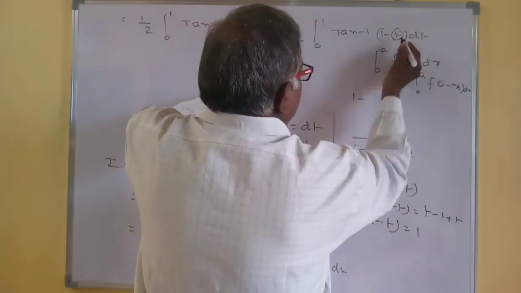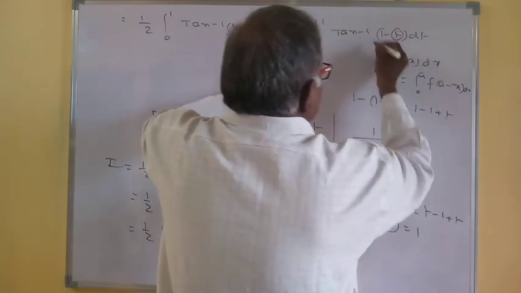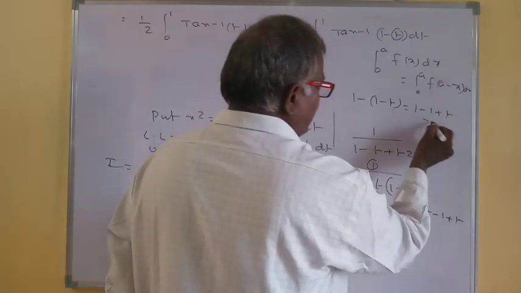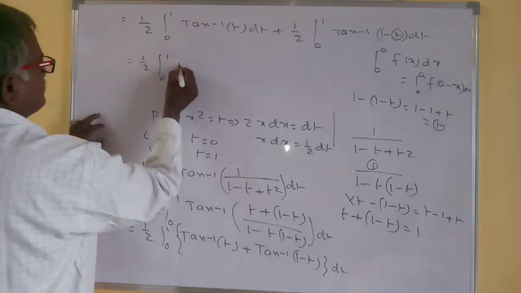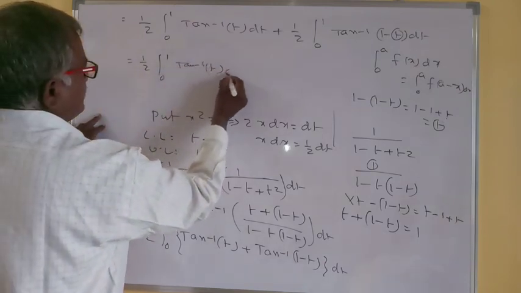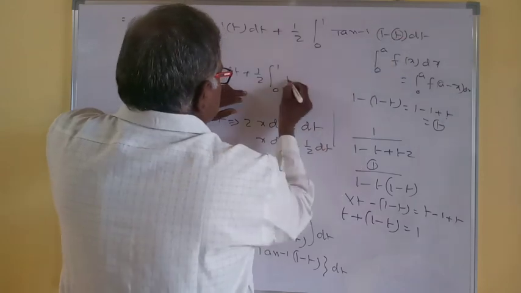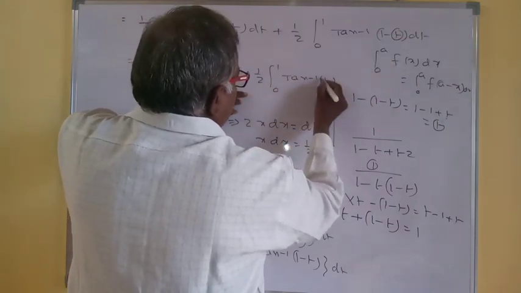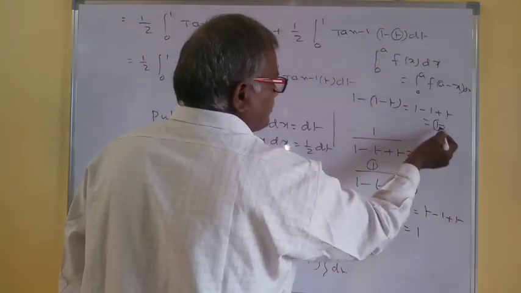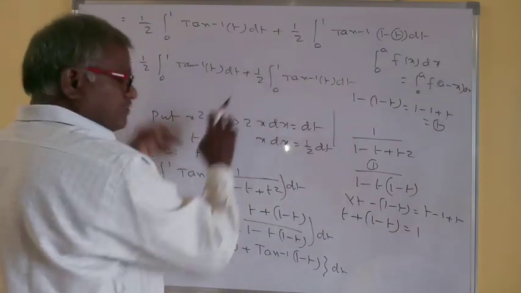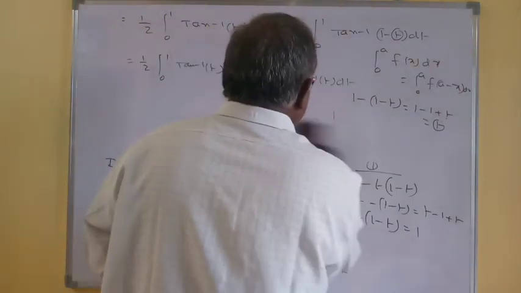Just substitute 1 minus t in place of t, that means 1 minus 1 plus t, which gives t. So again 1 by 2, integral 0 to 1 tan inverse t dt, plus 1 by 2, integral 0 to 1 tan inverse t dt. If you apply this property, the inner bracket value is nothing but t. So 1 by 2 plus 1 by 2 gives 1, and here simply tan inverse t.